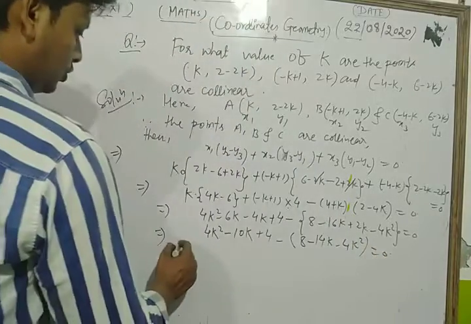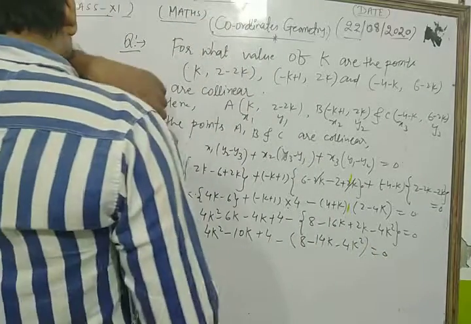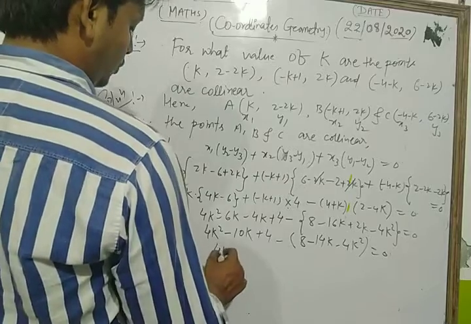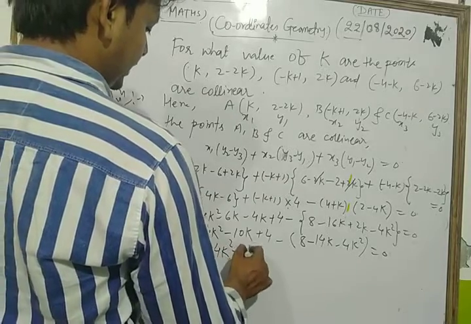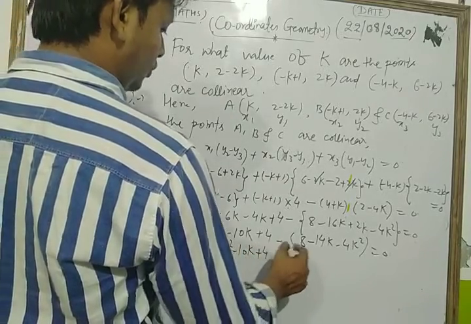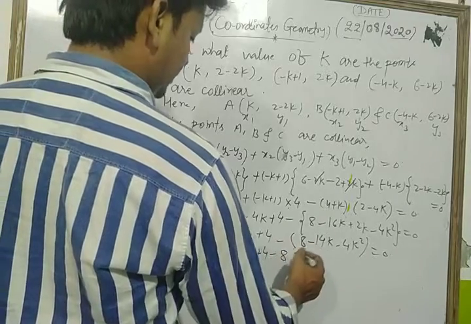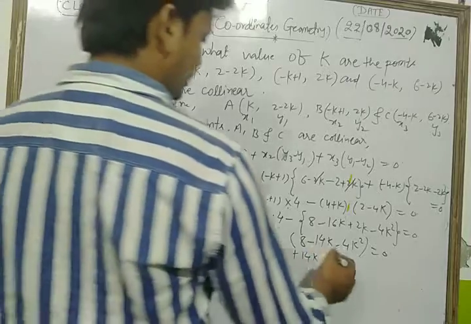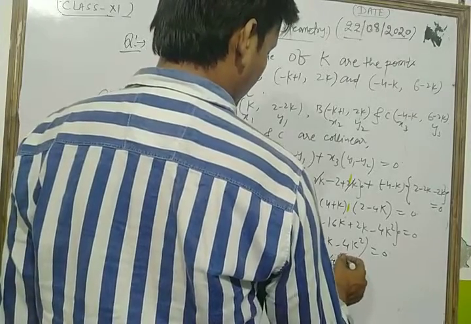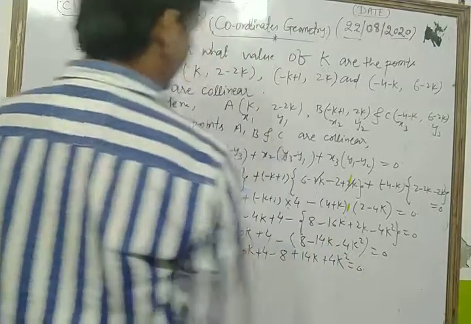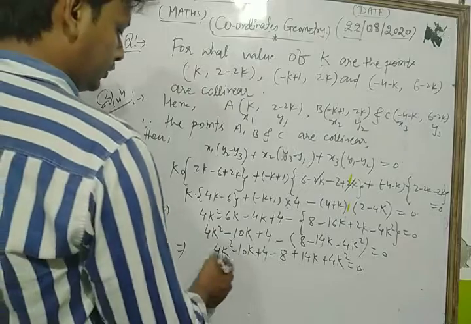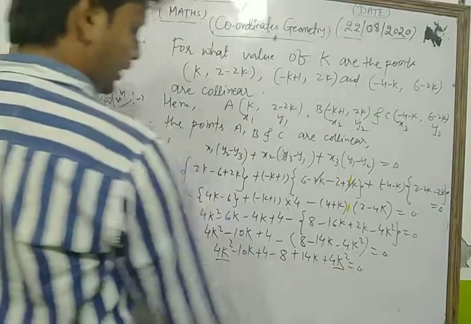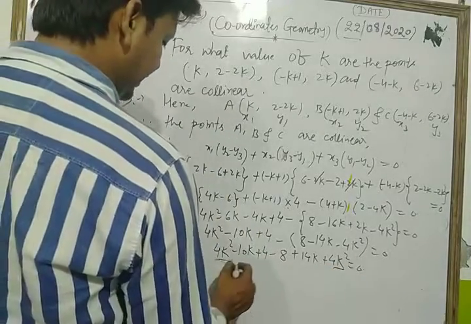Now we break the brackets. Let's see, we write 4k square minus 10k plus 4 minus 8 minus minus plus 14k, minus minus plus 4k square is equal to, now let's see, 4k square is what? 8k square.